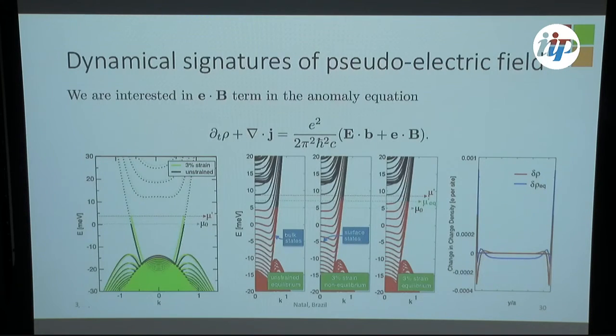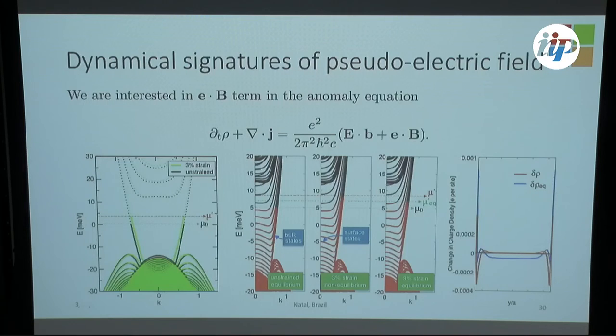So you say apply a sound wave to your nanowire made of this material. That would create a time-dependent pseudoelectric field. And in turn, what it will mean is it will cause a redistribution of density between the bulk of the system and the surface of the system.